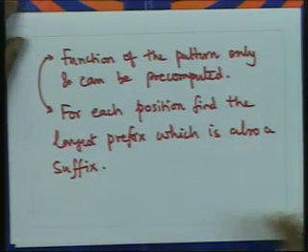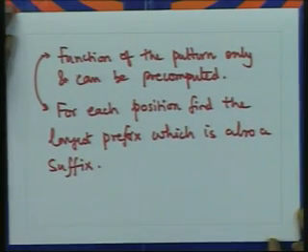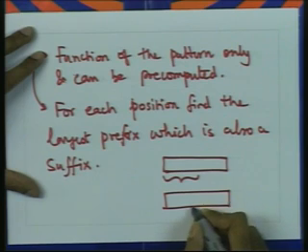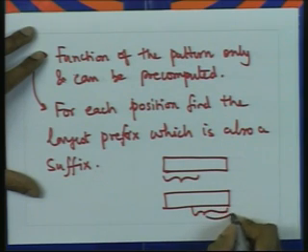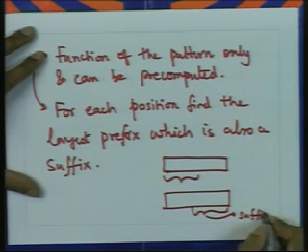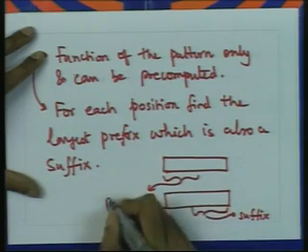I have actually not defined prefixes and suffixes. I hope you know what they are. Given a string, a prefix is all the initial portions, the first i positions, and a suffix is just the last portion. This is a suffix, and this is a prefix.